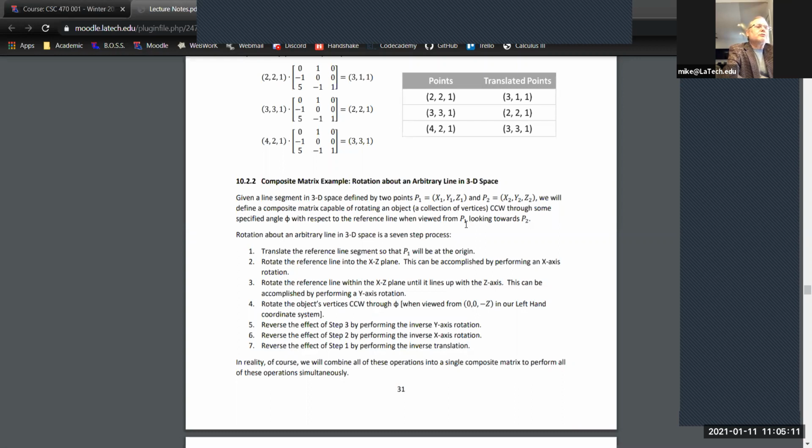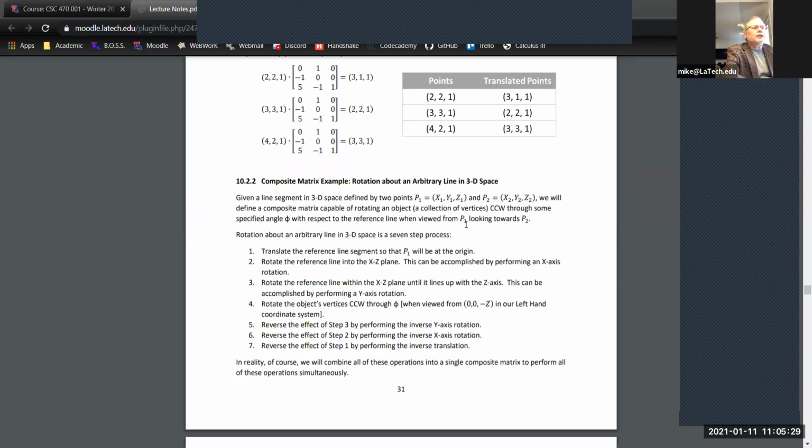So we'll do another composite matrix, and we will also do some background on vectors and vector operations. Okay, so we're on page 31, section 2.2.2.